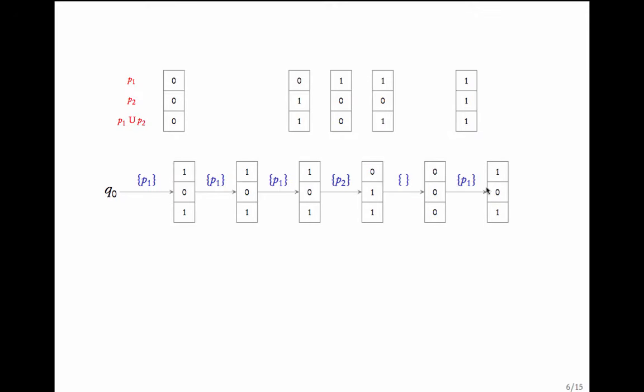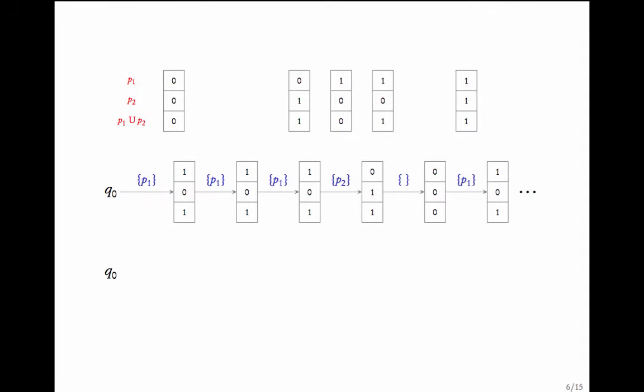Now suppose it sees P1. This has to be 1, this has to be 0, and here it can make a guess. It can guess whether in the rest of the word P1 until P2 is going to be true or not. Here we have assumed that it is 1, and then now the automaton has to verify if P1 until P2 is true.